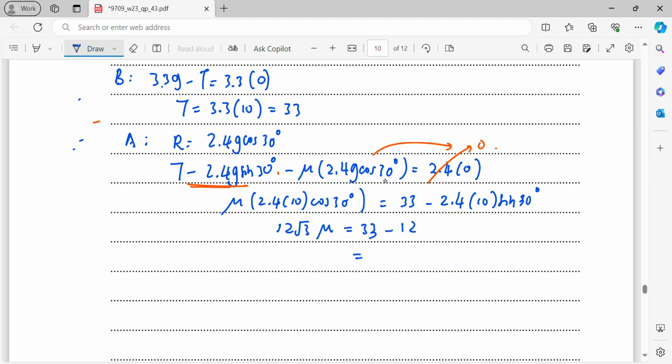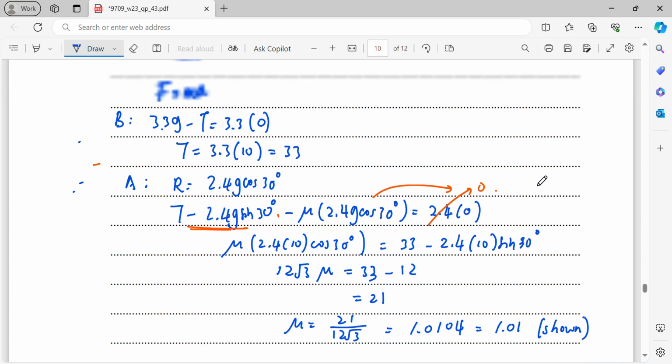So then you will get 21 on the right side. Therefore, your mu is 21 divided by 12 square root 3. Then this is 1.0104, and now you round up, it will be 1.01. So this is how we show the mu value.